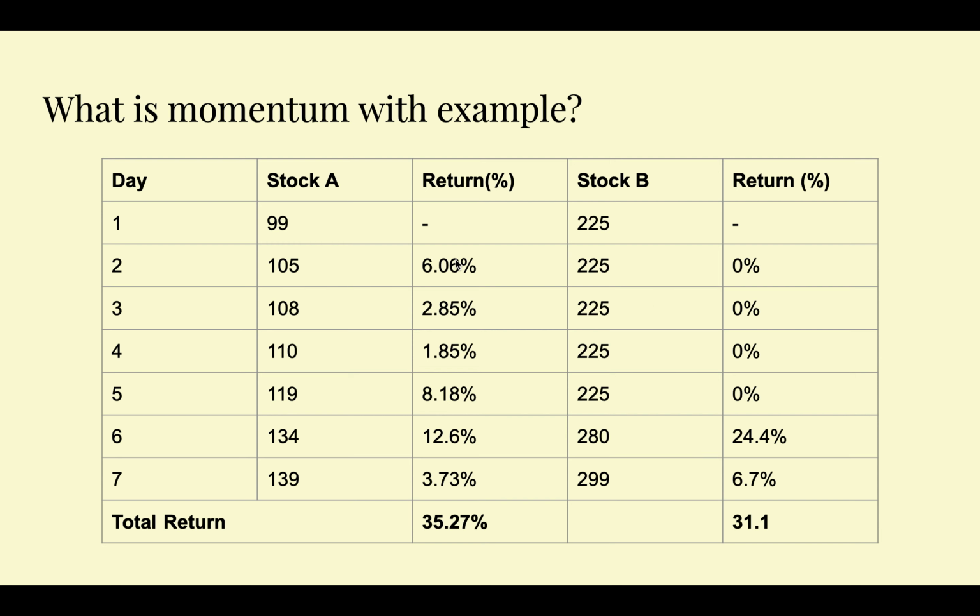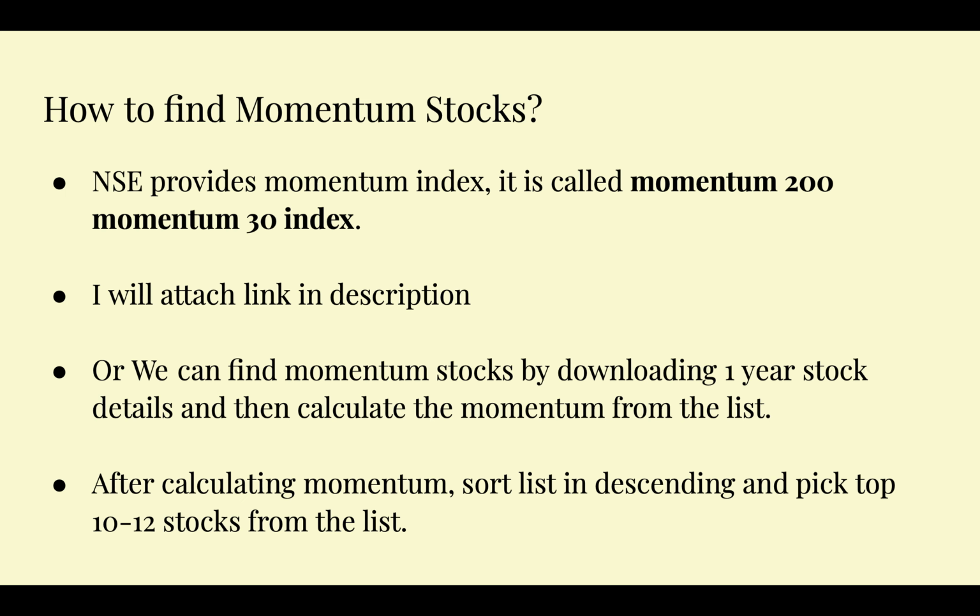Stock A gave consistently positive momentum, while here there is no momentum, but suddenly it gave. So overall stock A is more than stock B, but stock B also gave a good momentum. If we sort stock A and stock B in descending order, stock A will come first and stock B will come next. So both stocks will come under our radar to invest.